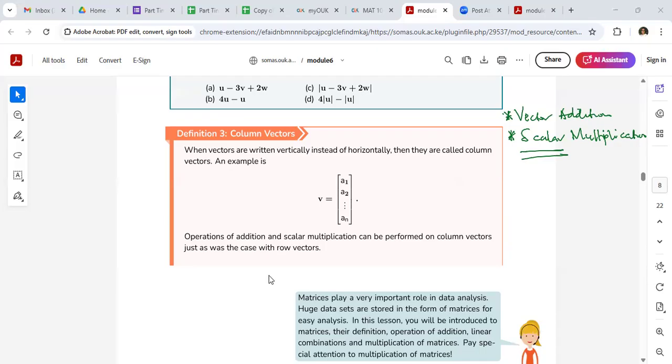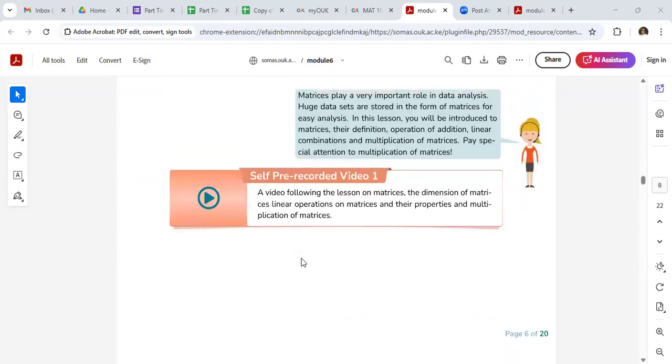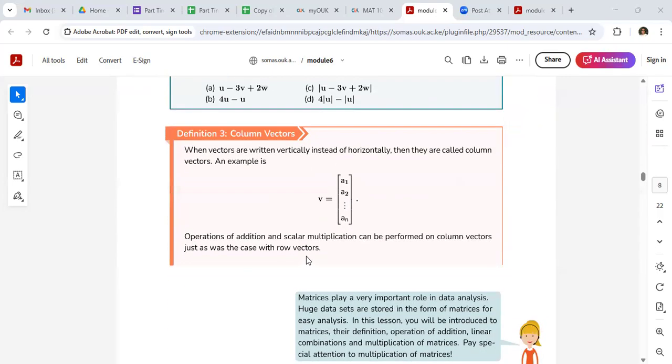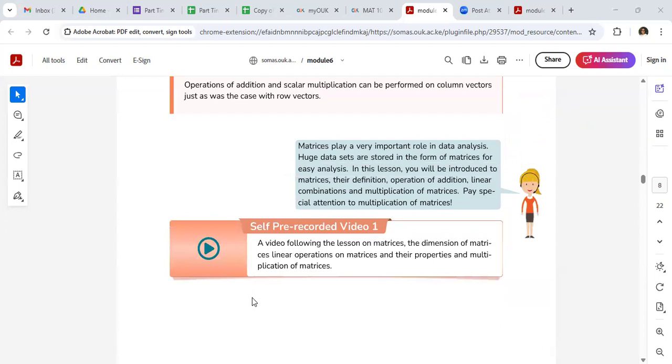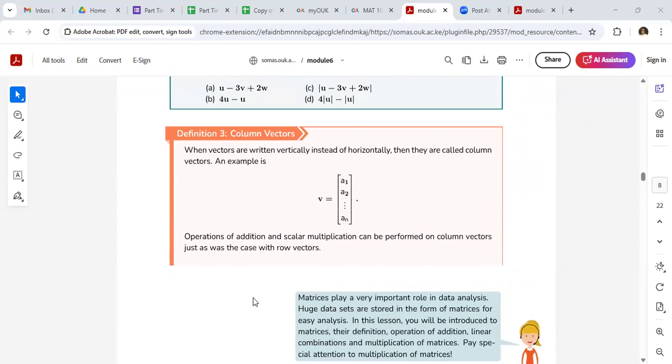So now we move on to matrices. Why do we need matrices? First of all, vectors represent an array of related elements.